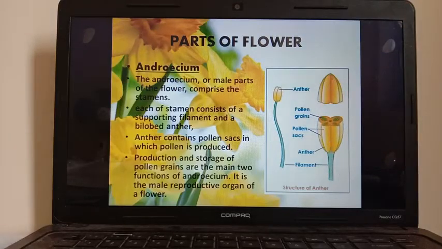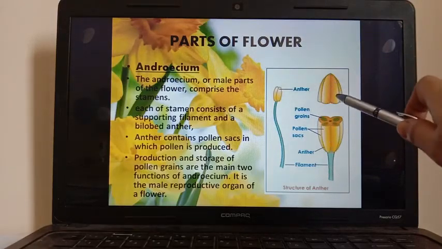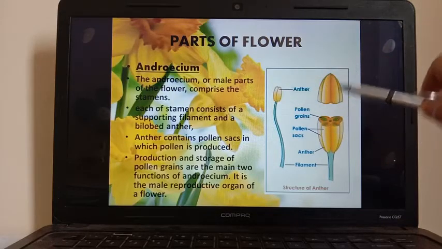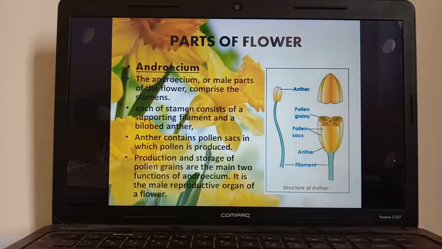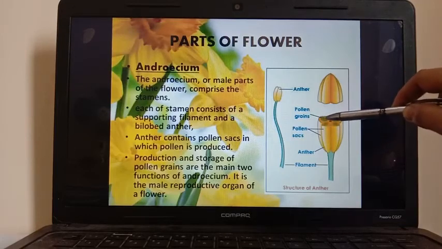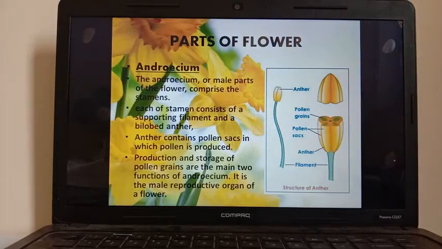The anther contains mainly two lobes, and these two lobes mainly contain 4 pollen sacs. So each lobe contains 2 pollen sacs. Inside the 4 pollen sacs you can see pollens are formed.